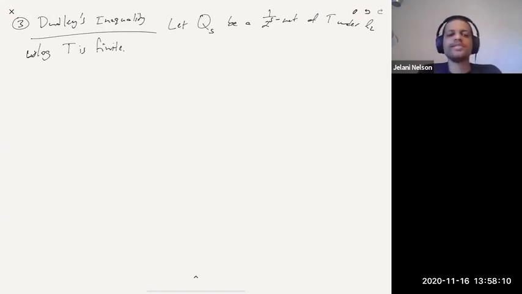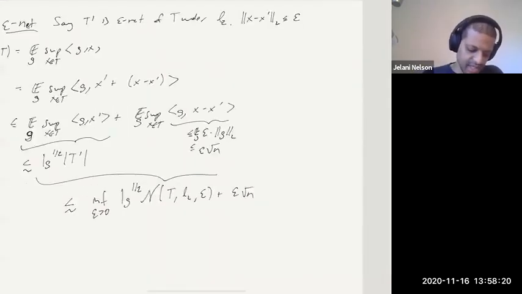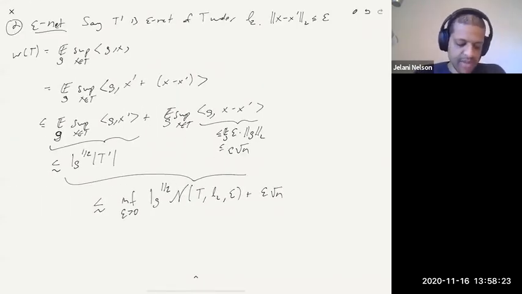Okay. Why is that without loss of generality? Because what I can do is, if I just go back one slide to the epsilon net argument, I know that I'm only considering T's which are subsets of the sphere. And the sphere itself has a bounded size net, right? We know that the sphere itself has an epsilon net of size at most 1 over epsilon to the dimension.